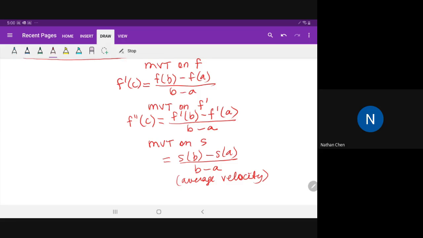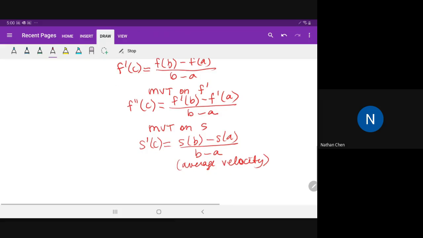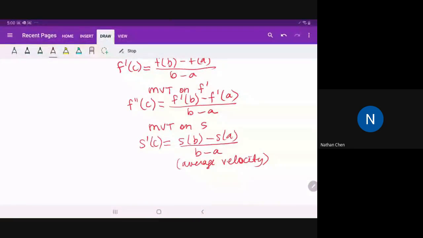What's the other name of derivative of S? Exactly. So this could be V of C.